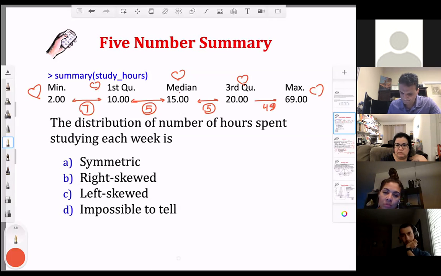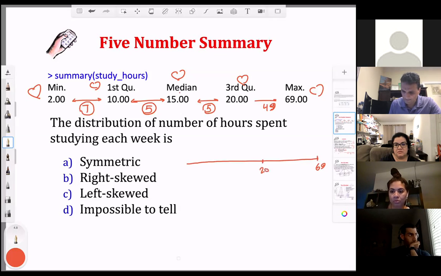What does it mean? That means here is 69, then here is 20, and 15, we have 10. So is it left skew or right skew?